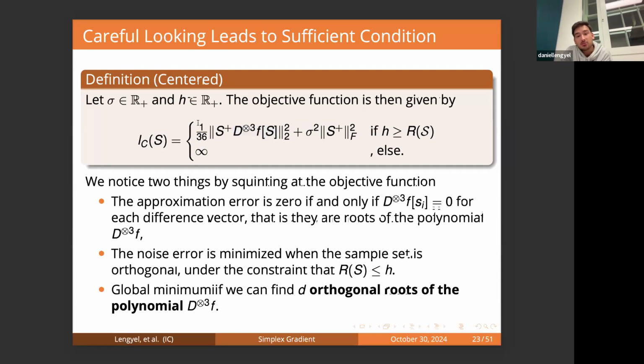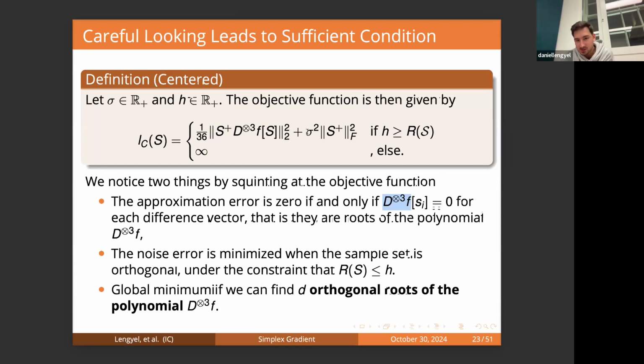To make it 0, we need to find the SI roots, the roots of this polynomial. So really, I have a homogeneous polynomial of third degree, and I want to find D roots of that. And D roots suffice, because if you invert the sign, you still get a root, just by properties of these polynomials. We don't have to worry about that. So we just need to find the roots, and we can minimize this.